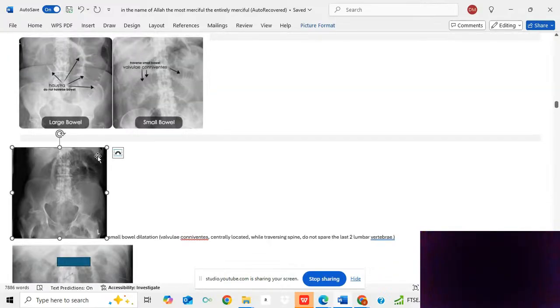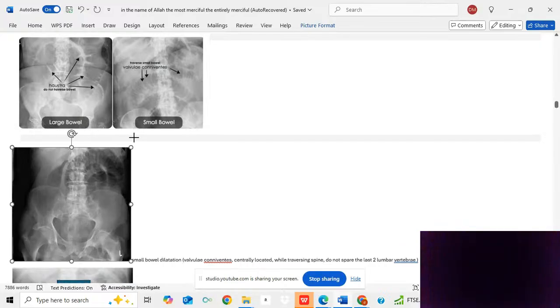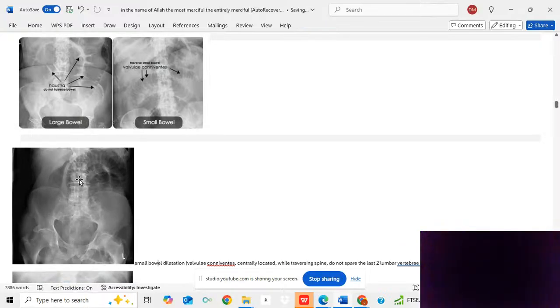So let's start with this case. This is an example of a small bowel dilatation on an abdominal X-ray. As you can see here, this is the valvulae conniventes, which traverse the whole lumen of the small bowel.